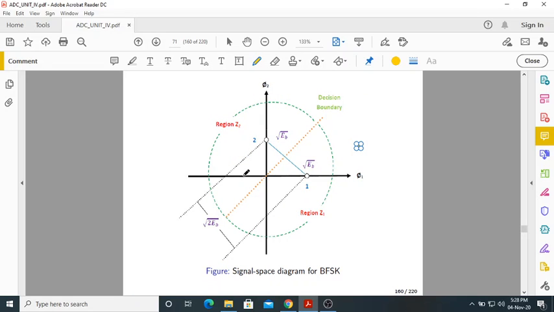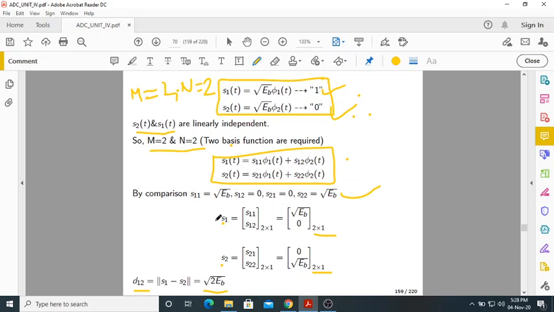Now this is the constellation of BPSK. What is the constellation? It is a two-dimensional signal space. Why two-dimensional? Because n equals 2. Now phi 1, phi 2: I have drawn two axes, namely phi 1, phi 2. So I want to represent these two vectors on a two-dimensional signal space.